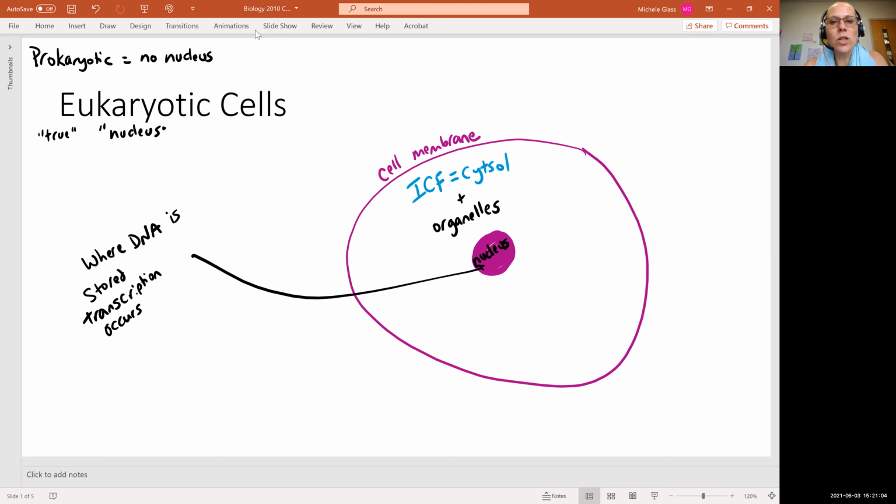These organelles are basically small, usually membrane-bound structures that have their own specialized anatomy and physiology, much like the organs in your body. So this term organelles means tiny organs.